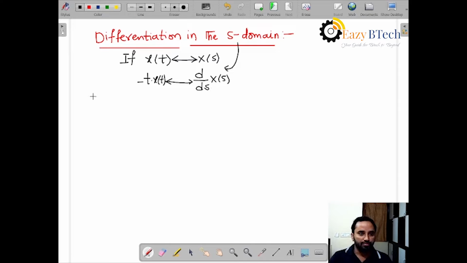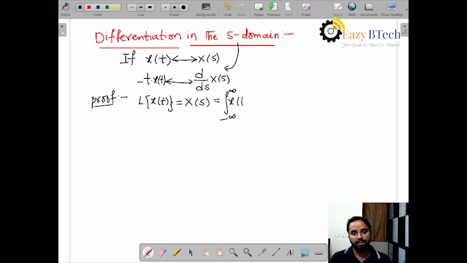See the proof. First we take the Laplace formula. Laplace transform of x of t is equal to X of s, which is equal to the integral from minus infinity to plus infinity of x of t e to the power minus st dt.